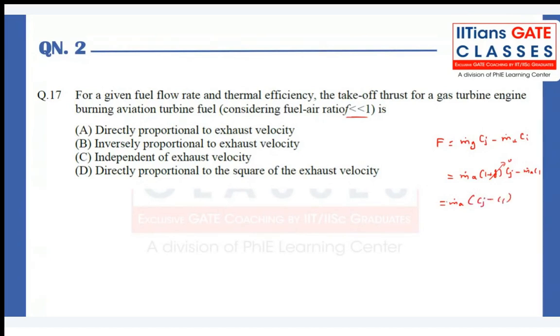If you look at your thrust equation, your obvious choice would be that thrust increases with Cj, because of the 4 options given: the thrust is directly proportional to exhaust velocity, inversely proportional to exhaust velocity, independent of exhaust velocity, or directly proportional to the square of the exhaust velocity. So your obvious choice goes towards saying it increases with exhaust velocity, but that is wrong.